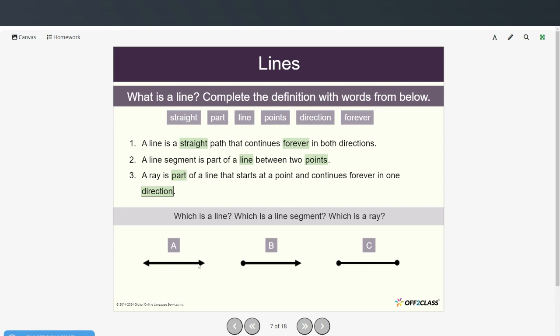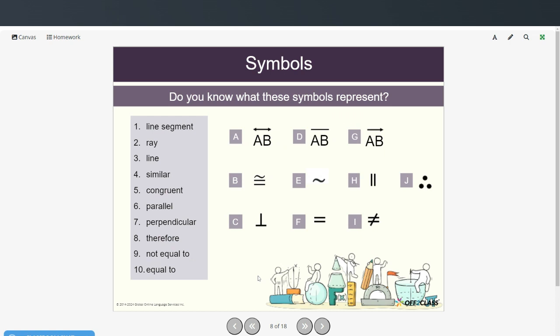So A would be an example of a line, B would be a ray, and C would be a line segment. Okay, and then see if you know what these symbols represent and match them to their names. Again, you can try that on your own and then restart when you're ready to check your answers.